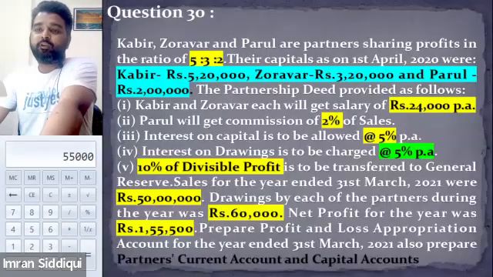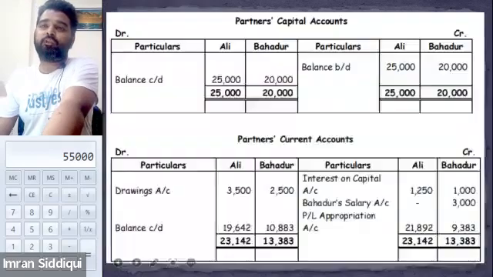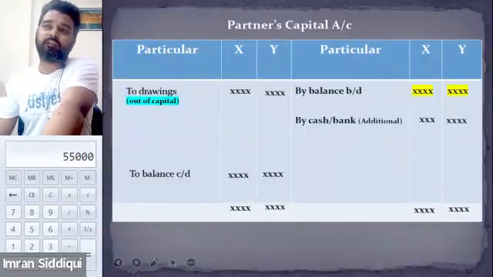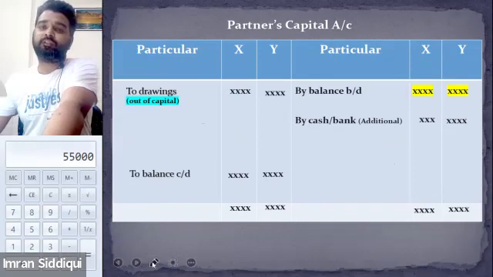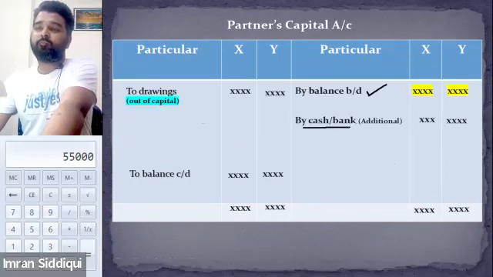I have already told you that in the capital account we record only two items. Apart from the opening balance, we record any cash or bank introduced by the partner as additional capital, number one.